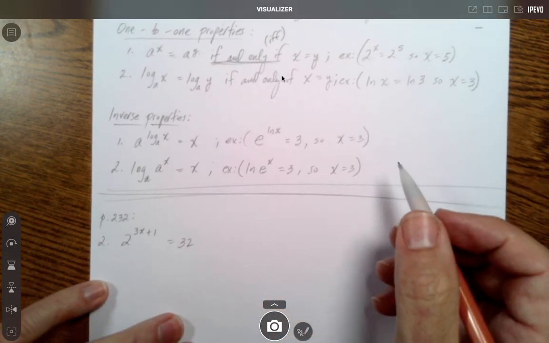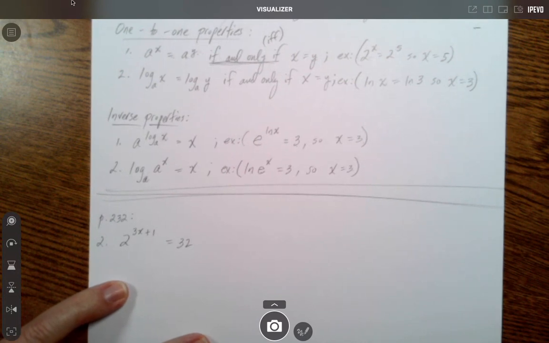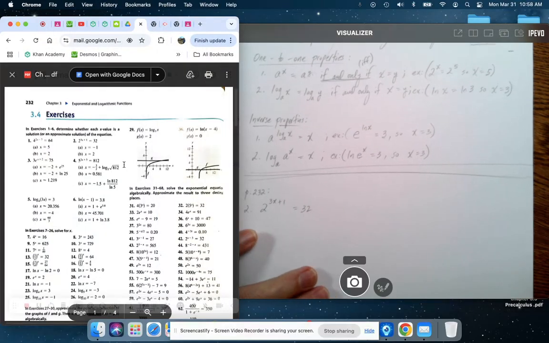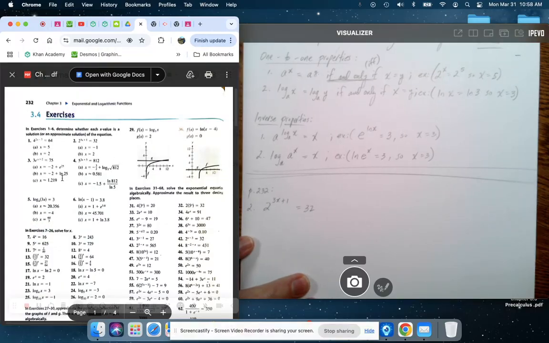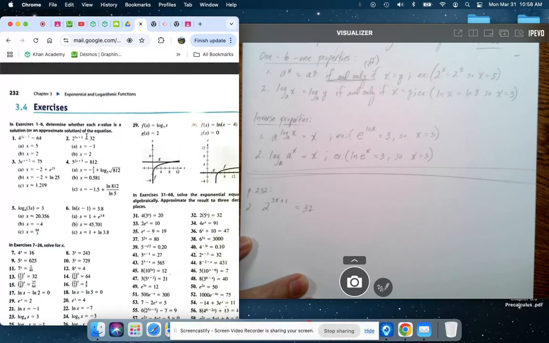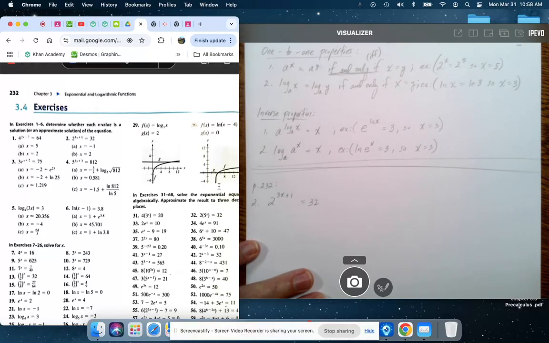All right, so we're just going to go over some of these problems in your textbook. I'm doing number 2, which is right here. Let's see if I can zoom in on that a little bit. So this is 2 raised to the 3x plus 1 equals 32.